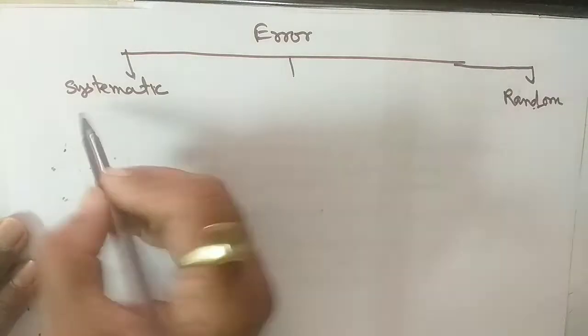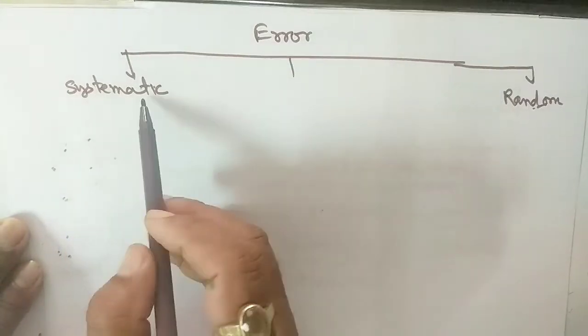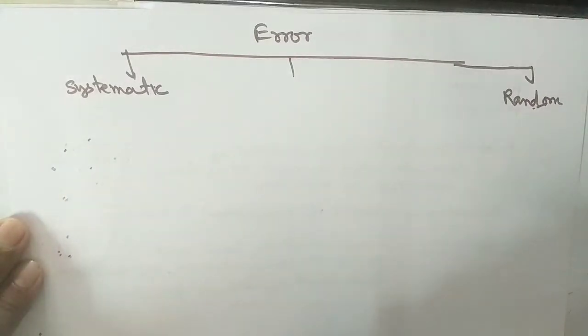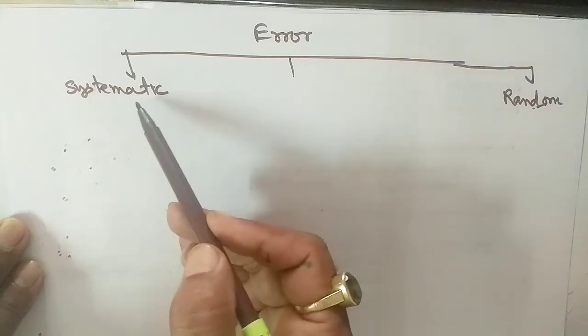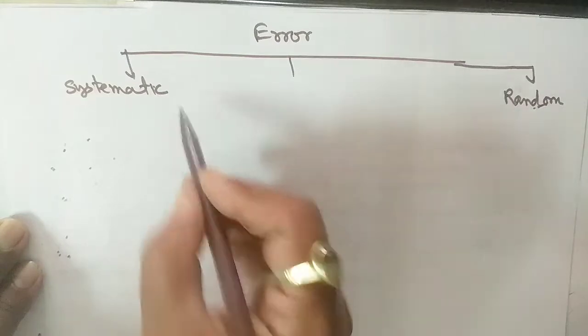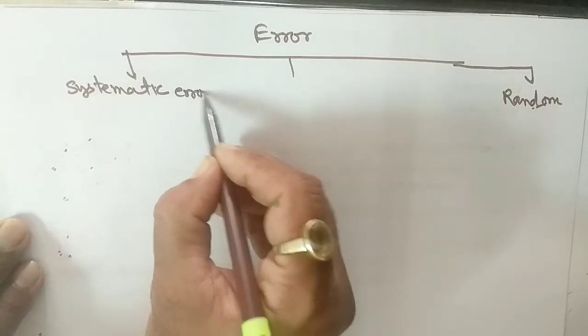Systematic errors, it is clear from the name, are those which arise in the experiment due to the system. So the error produced in the system is the systematic error.